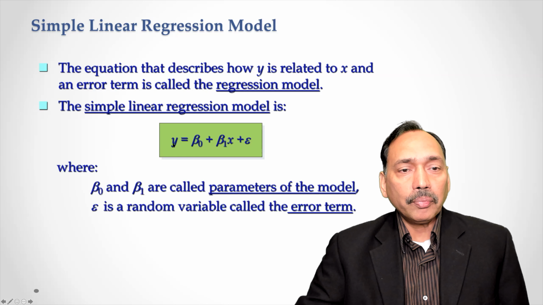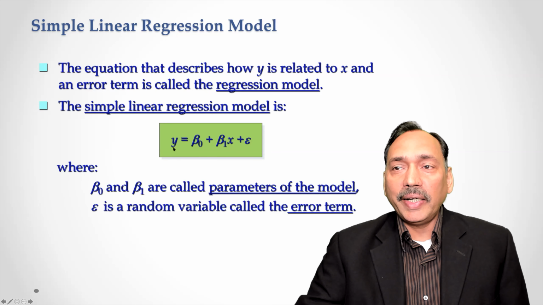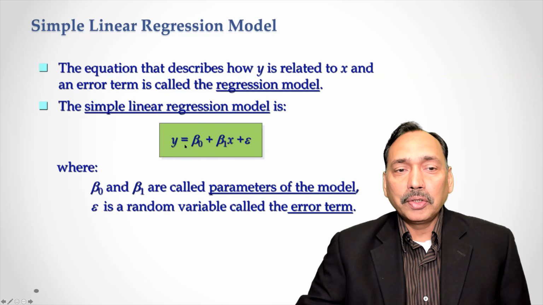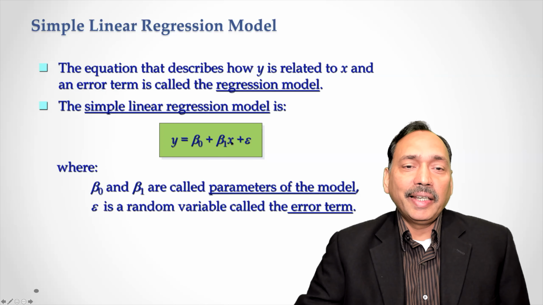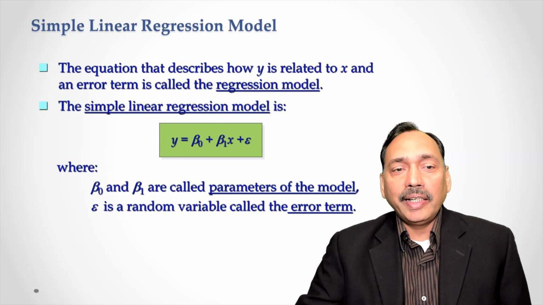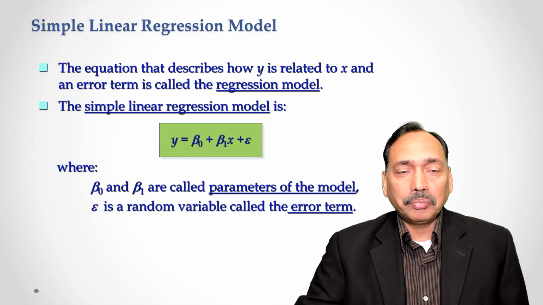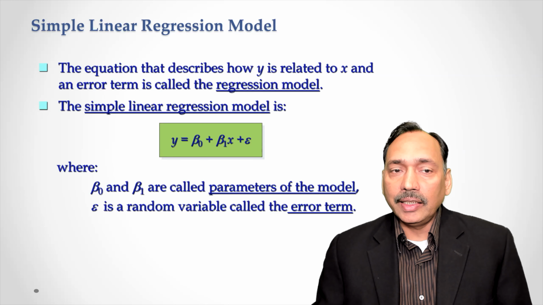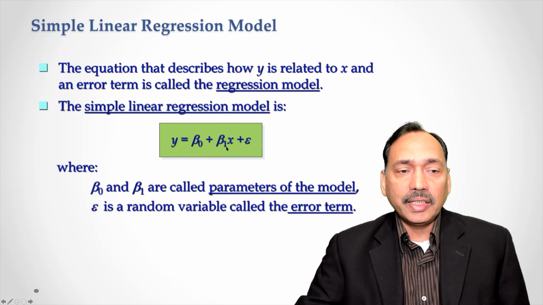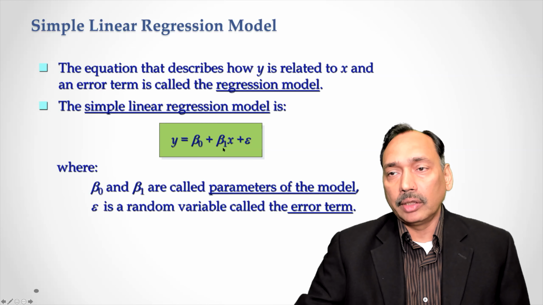So if you look at this simple linear regression model, the equation looks like this, where y is the dependent variable. It depends on x, so that's why it's called the dependent variable, and x is the independent variable, and they are related to each other in a linear fashion, and we capture that linear pattern using these two parameters, beta 0 and beta 1.